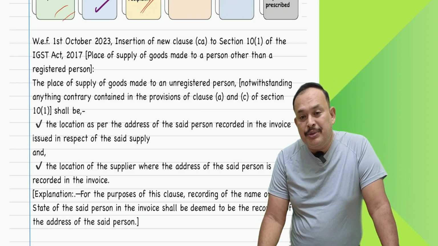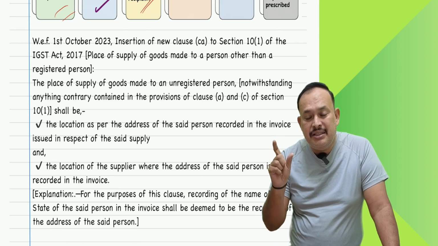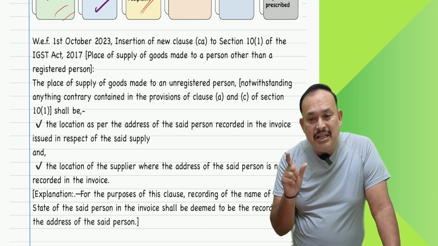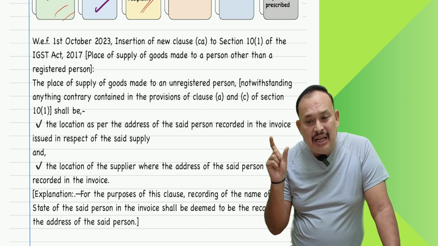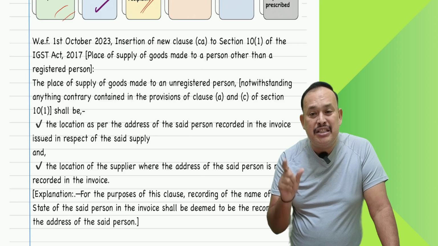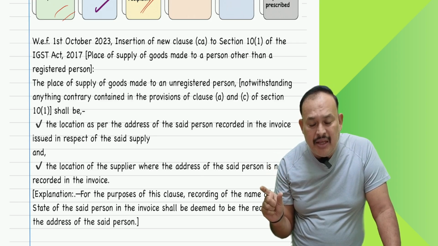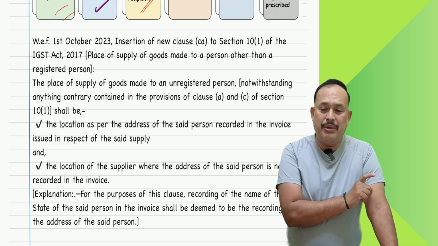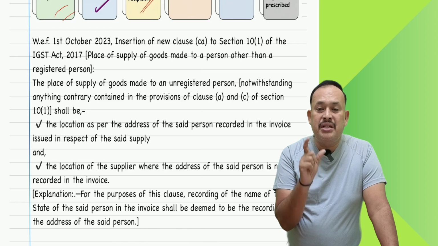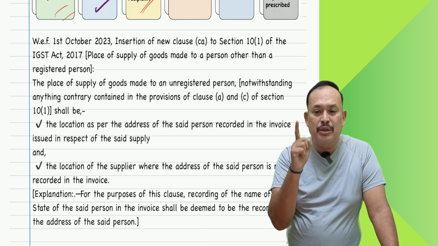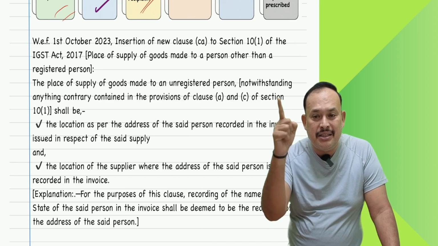This comes into picture only when the address of the recipient is not available, as well as the recipient's state, then the supplier's place of business is the place of supply.